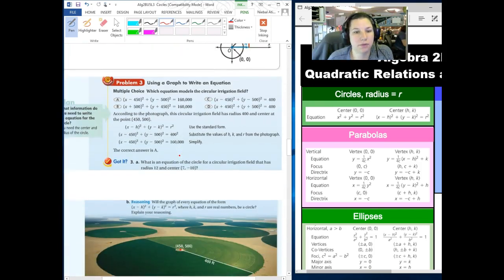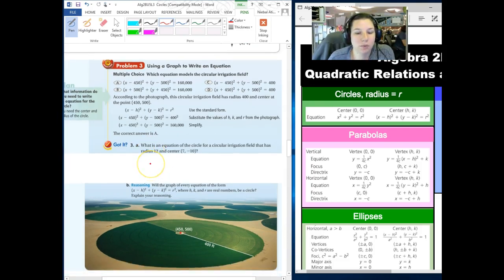Okay, number 3. Which equation matches the circular irrigation field? So we need 2 pieces of information: you need a radius and a center. They've given us both of those. The center is at 450 and 500, and our radius is 400.